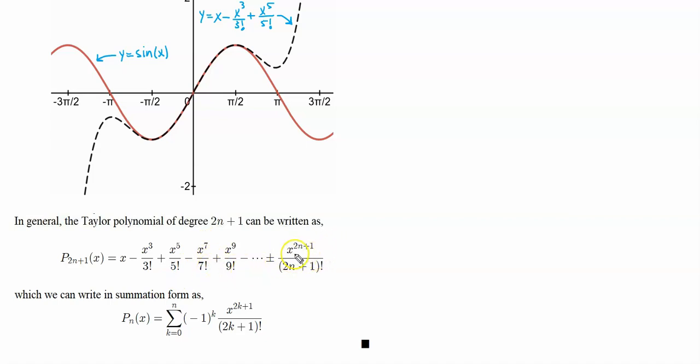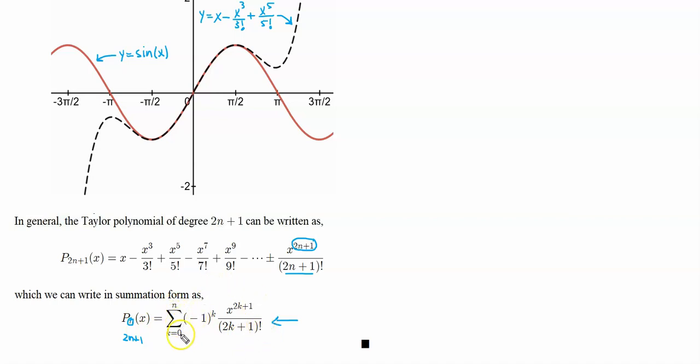And then we would end with x to an odd power, which we could write as 2n plus 1. And this is either going to be a plus or minus, depending on the odd power that you end with. So we have a plus or minus here, divided by (2n plus 1) factorial. And notice that you can write that like this down here. And this here should actually be a 2n plus 1 right there. That's the degree of this expansion.